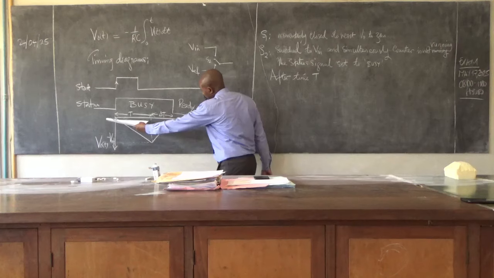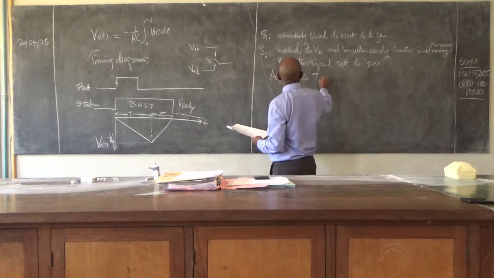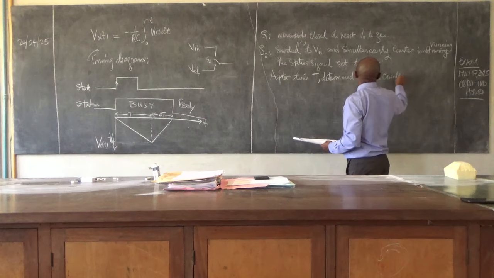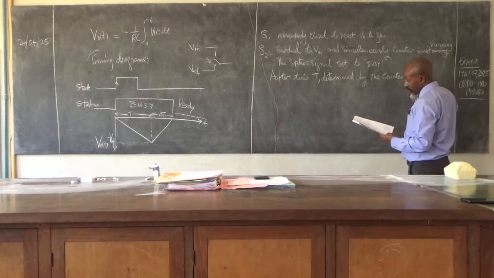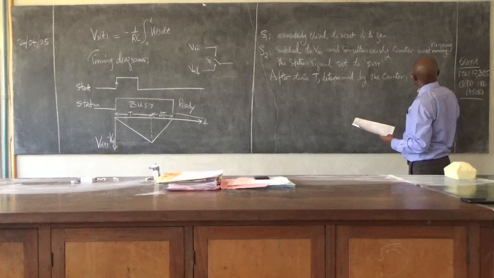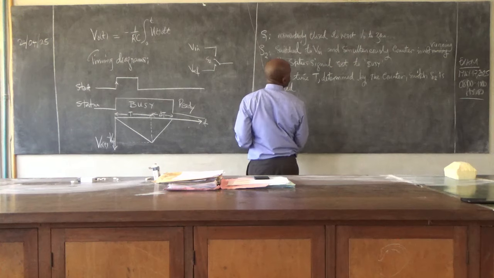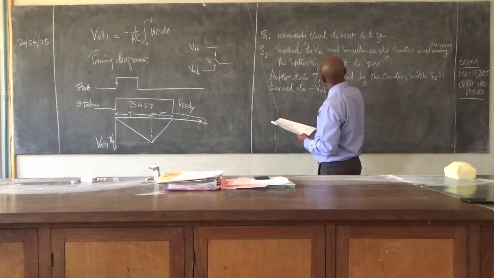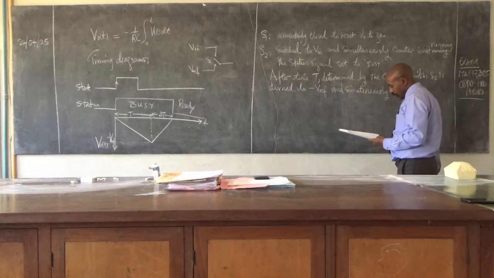After time t, this time t here, halfway within a busy period determined by the counter, switch S2 is turned to minus Vref, and simultaneously the counter is reset.